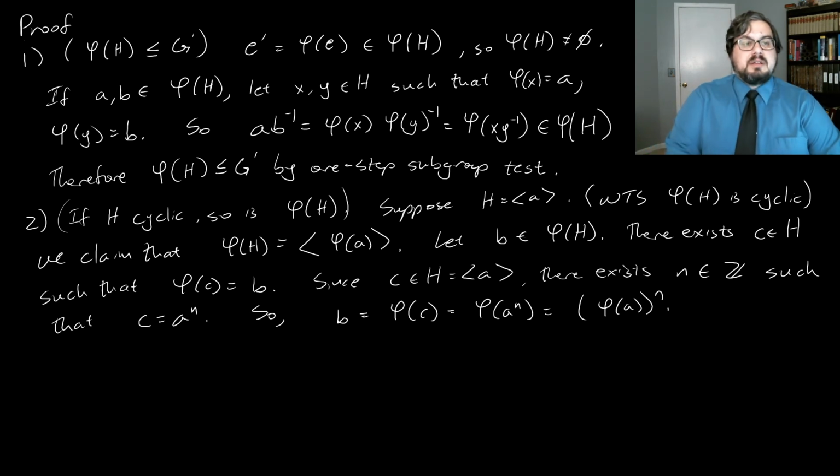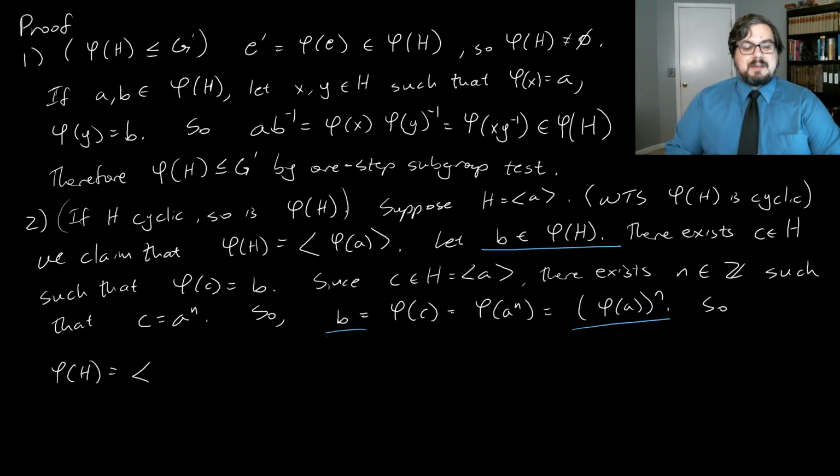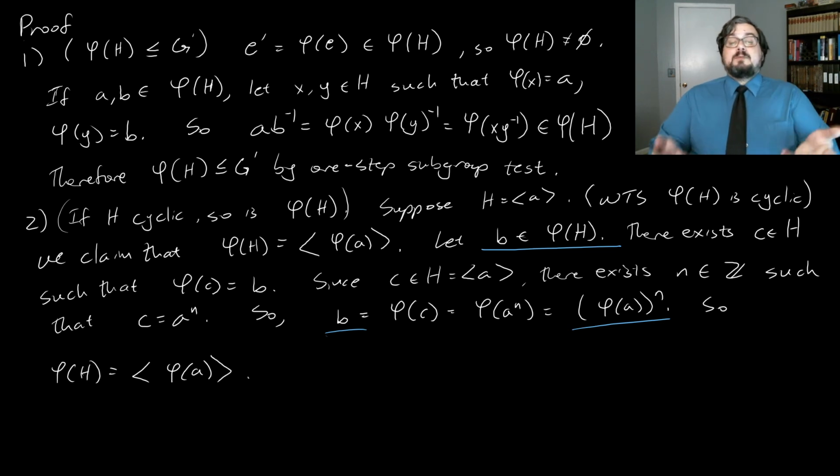So we showed that given any element of phi of H, we could write it as a power of phi of A, which proves that phi of H is in fact the cyclic subgroup generated by phi of A. So in fact, we've shown even a little bit more than what the theorem statement said. Not only have we shown that if H is cyclic, so is phi of H, but we've also shown that any generator of H maps to a generator of phi of H.